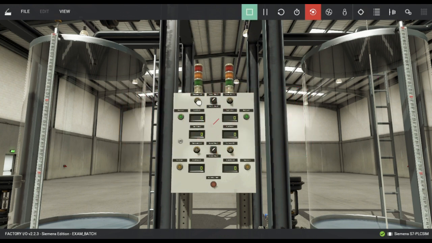Then it shows how tank 1 fills the number of times indicated by the filling potentiometer.